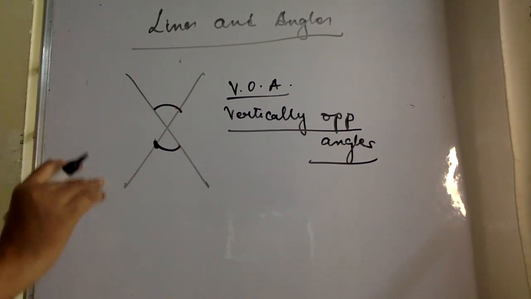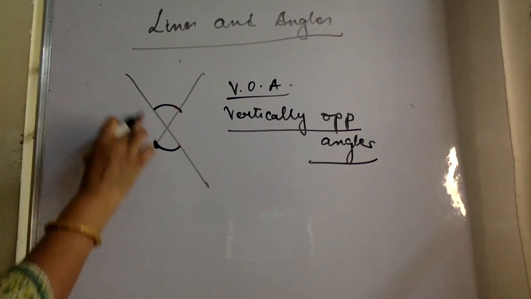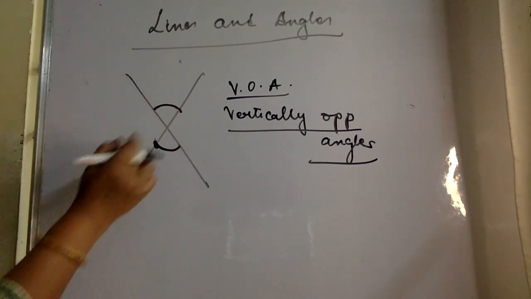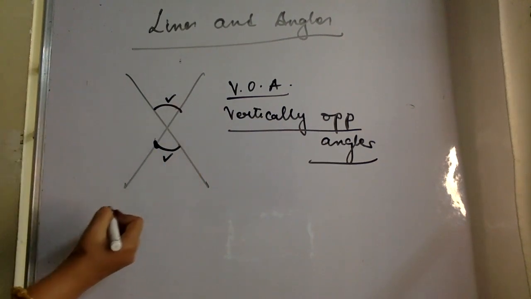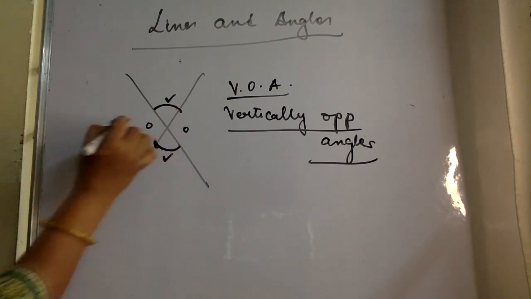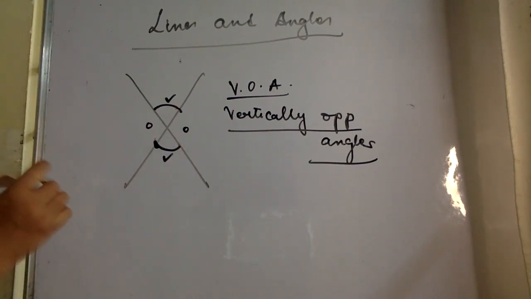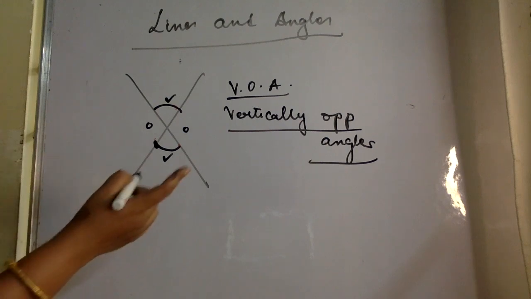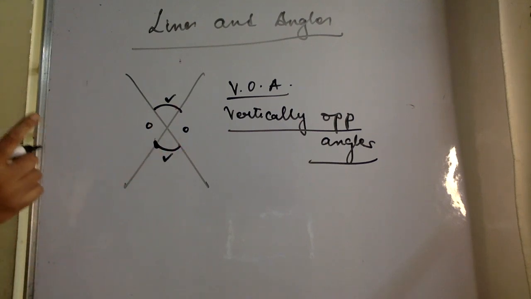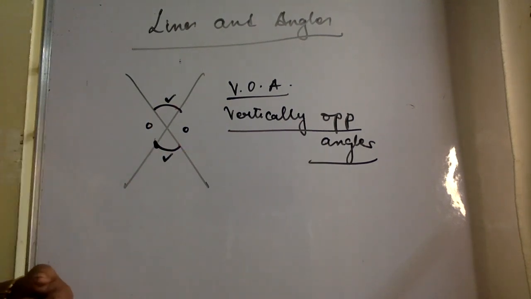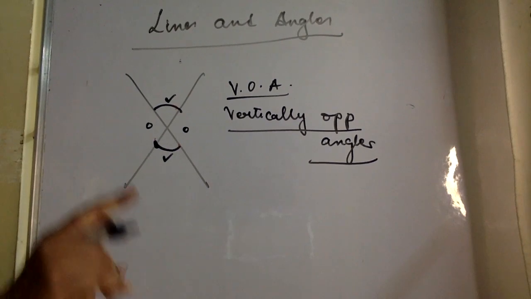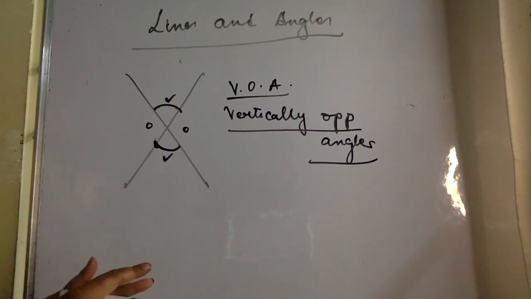Vertically opposite angles happen only when two straight lines intersect. Then this and this angle are equal. Also this angle and this angle are equal. So that makes vertically opposite angles. Now remember, I just said two straight lines should intersect. Only then we get vertically opposite angles.